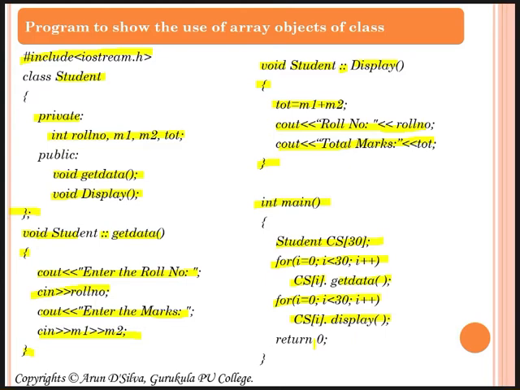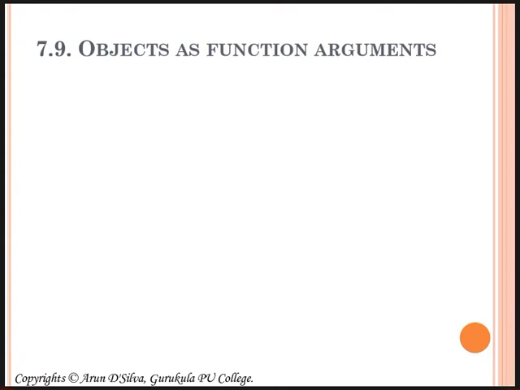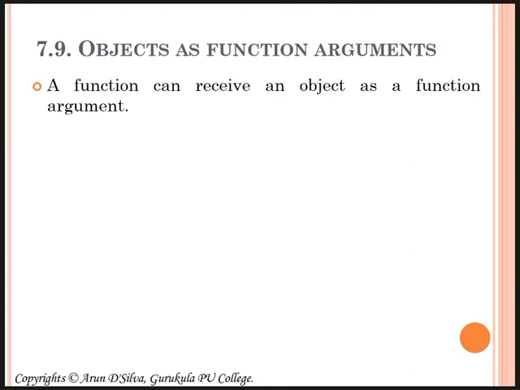Going to the next concept, that is objects as function arguments. A function can receive an object as a function argument. This is similar to any other data type being sent as a function argument.